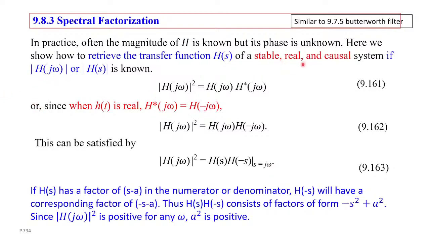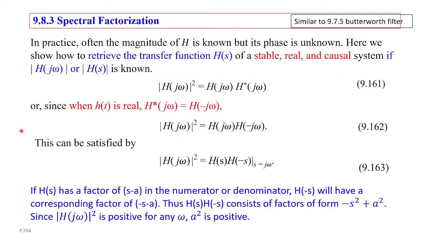Whenever we have a transfer function, if we know the magnitude of H of s, or H of j omega, we show how to construct the H of s that will give you the required magnitude of H of j omega, and that H of s is stable, real, and causal. So it's a nice way to construct the actual physical system.